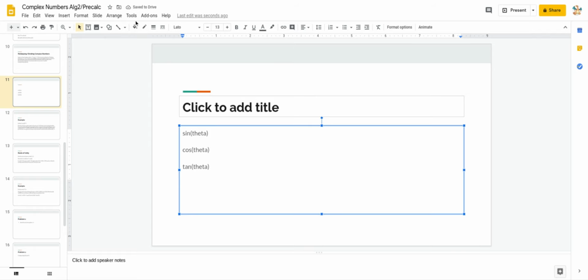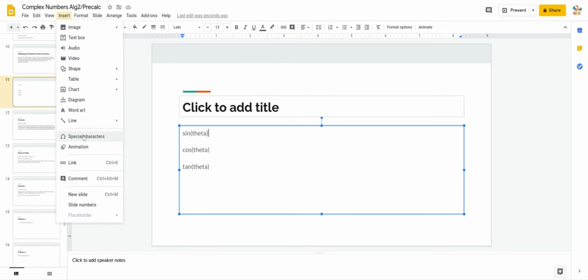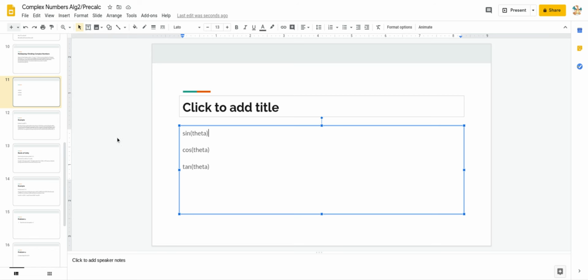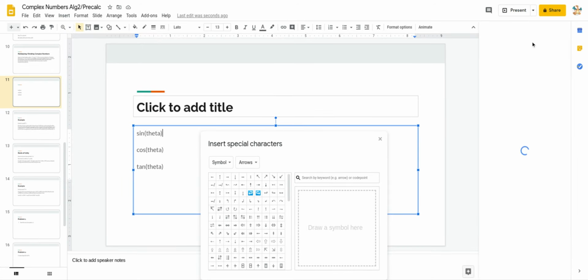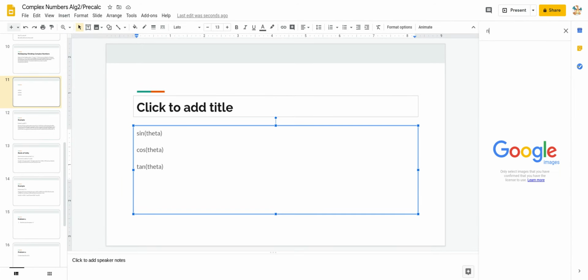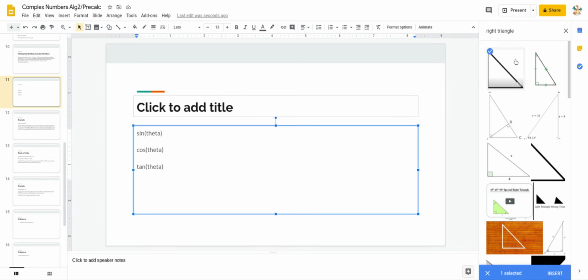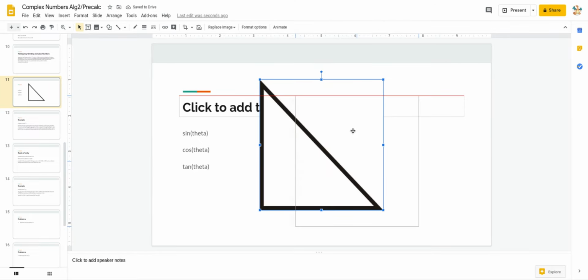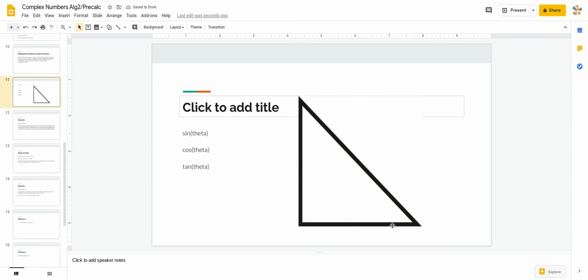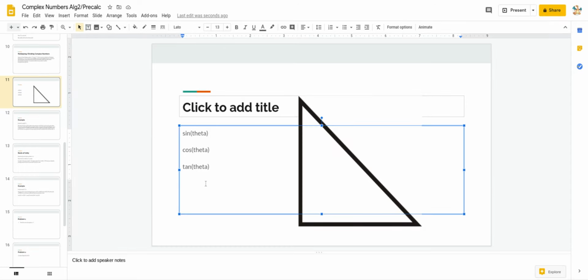The main thing I would say about sine theta is this. If you have a right triangle, let's look at this angle right here. Sine theta is opposite over hypotenuse.